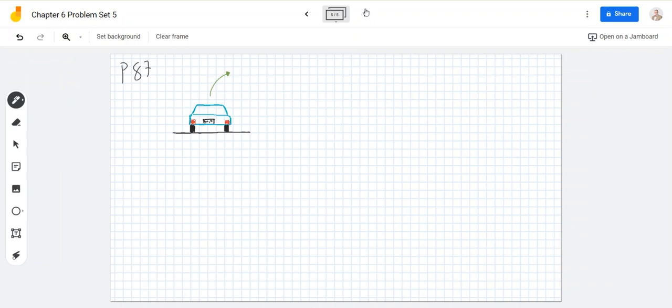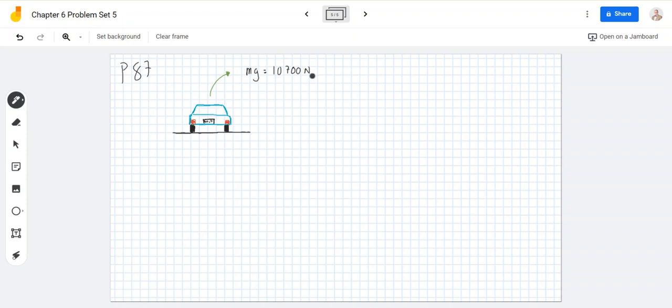Okay, one more. 87 says, a car weighing 107 kilonewtons. Okay, so that's the weight. So basically it says that mg is equal to 10.7 kilonewtons, so it's 10,700 newtons.